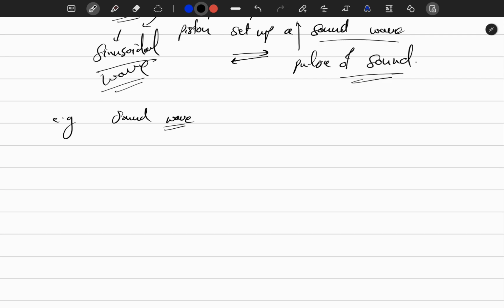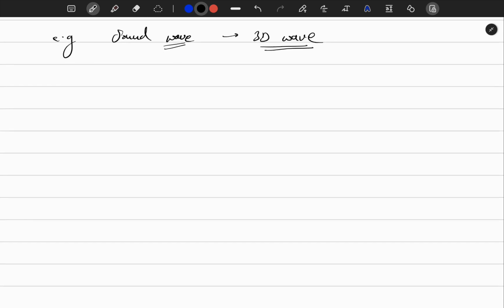Okay, an example is sound wave, and it is the example of a three-dimensional wave. We are also familiar with the waves on the water surface.